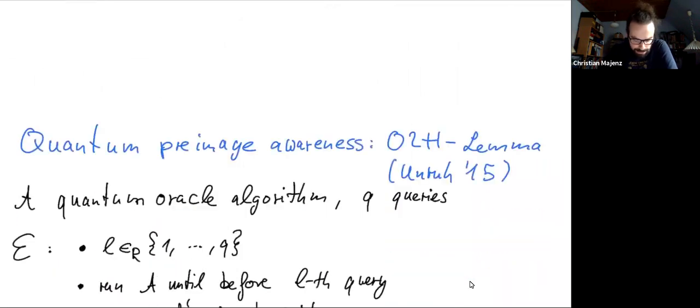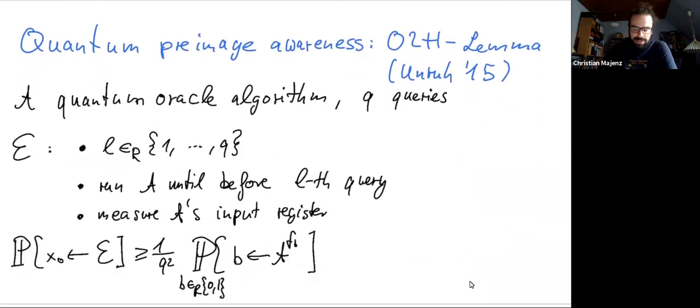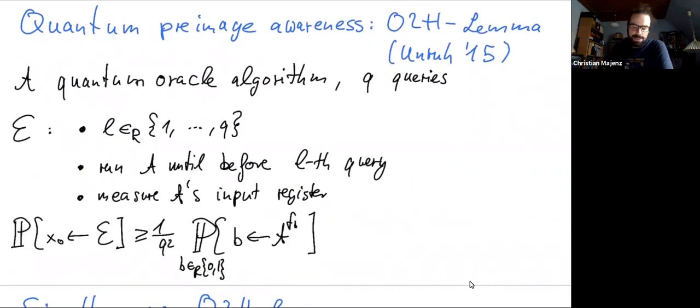So instead, what people do, at least in the single algorithm setting, is the so-called O2H lemma. And the O2H lemma works as follows. Here, if an algorithm A makes 2Q quantum queries, then we can construct an extractor that just samples a random number L between 1 and Q, and then it runs A until before the Lth query and measures A's input register.